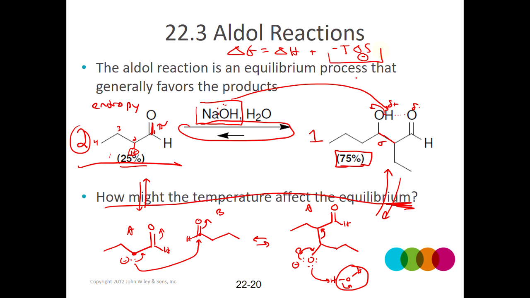This term becomes positive. The larger the value I get when I multiply the temperature times delta S, the larger this positive number, the more it's going to make delta G positive, the more it's going to shift the equilibrium back. So really, if I want to favor the products, I want a low temperature.